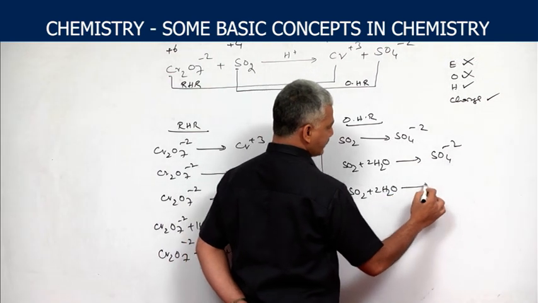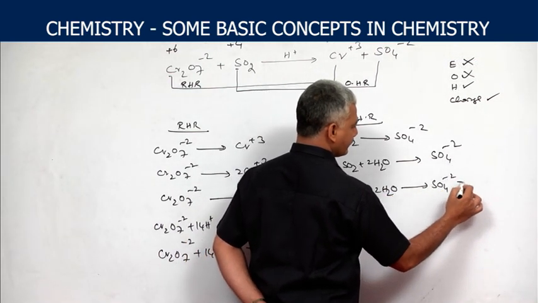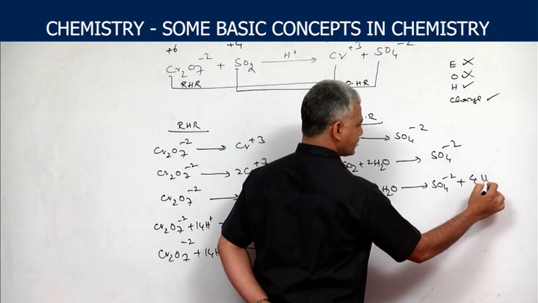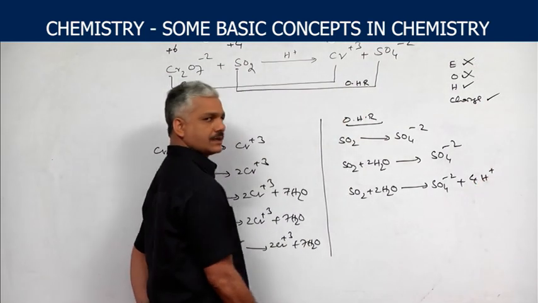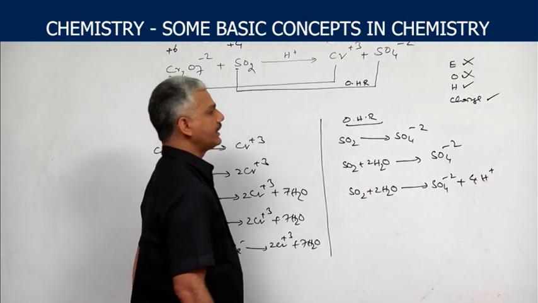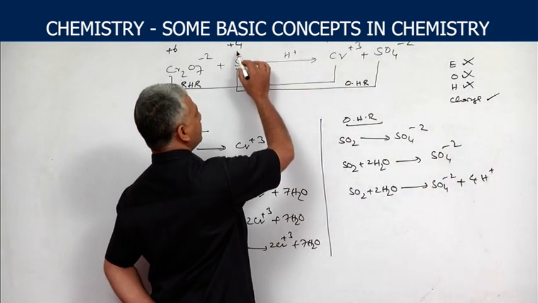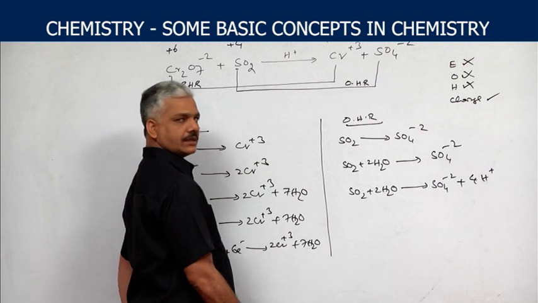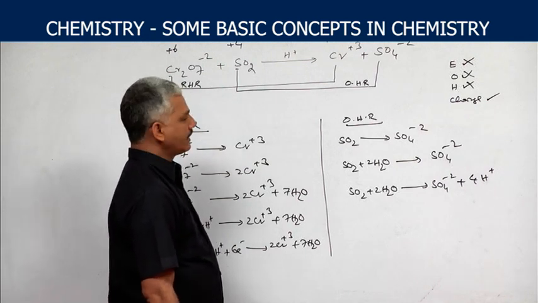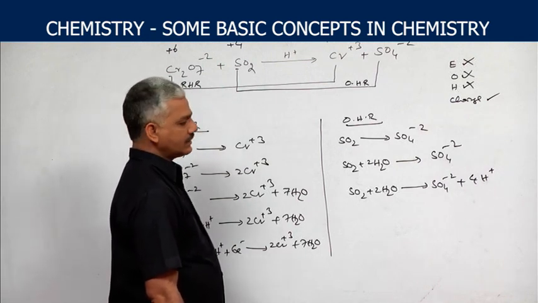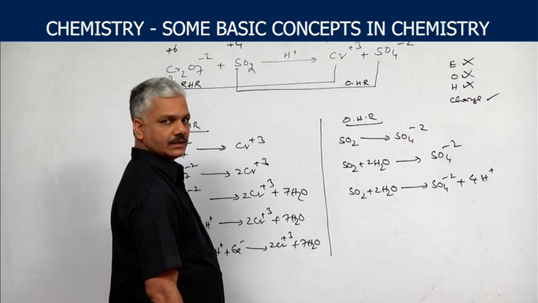So hydrogen is balanced by adding the required number of H+ ions, because the reaction is taking place in acidic medium. Now, to balance charge, consider the change in oxidation state, which is 2 units. As it is oxidation, the electrons are indicated on the product side.